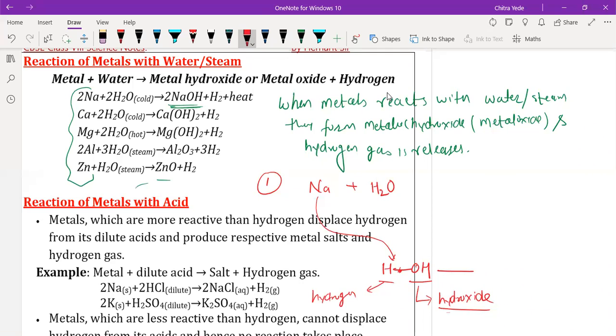So it dissociates to form H positive ion and OH negative ion. This OH negative ion is called hydroxide ion, and H positive ion is called hydrogen ion, or sometimes it is considered as a proton. Why is it considered as a proton?